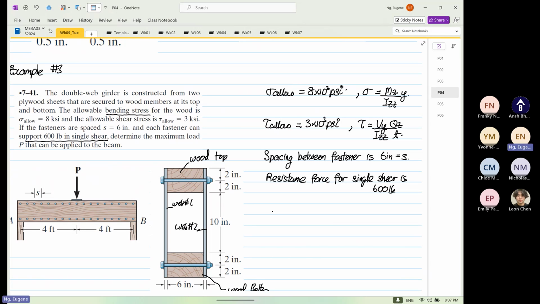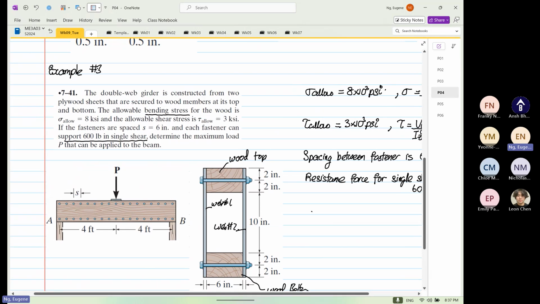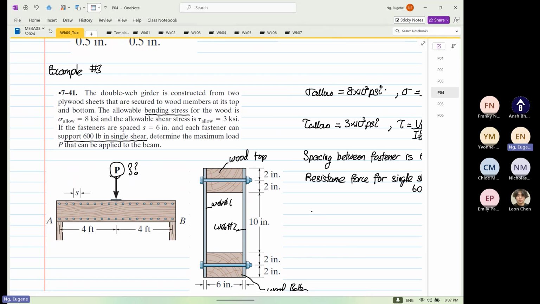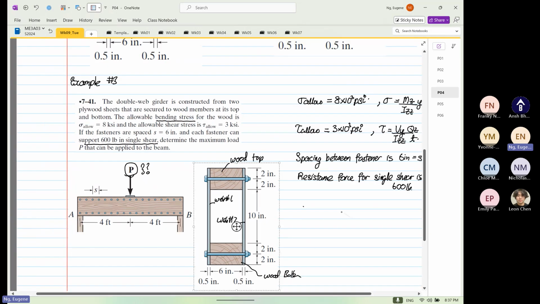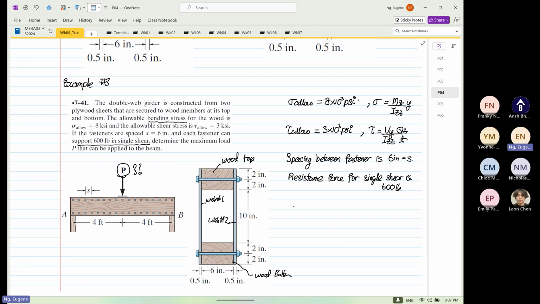So when they give us these three values, it's for a reason. It's basically due to the modes of failure, because at the end of the day, we are going to calculate the value of P. What is the value of P and what controls the value of P? So what are the possible failure modes we have to analyze?